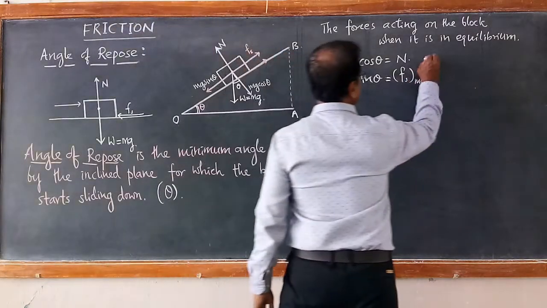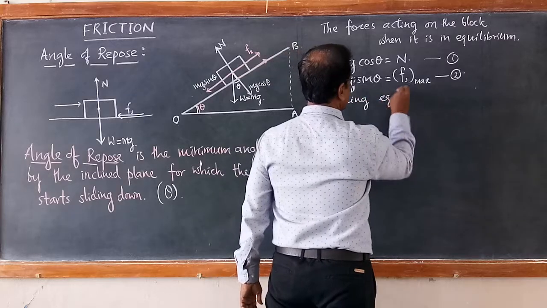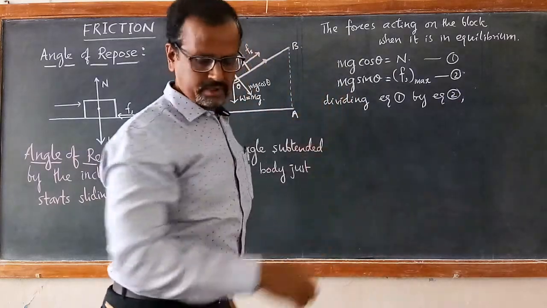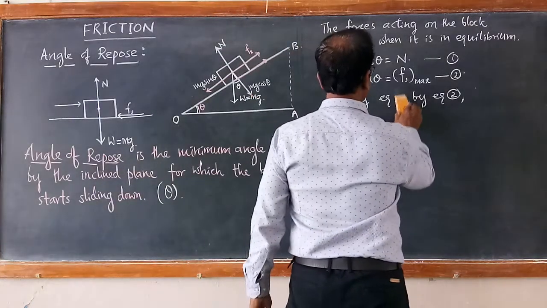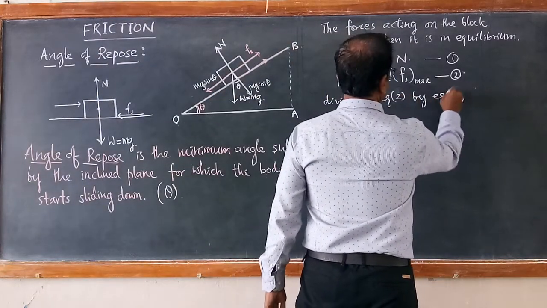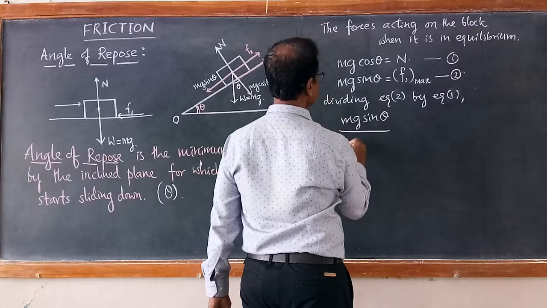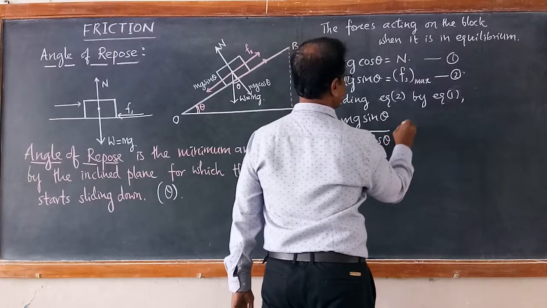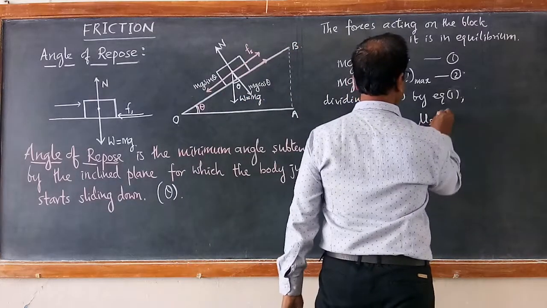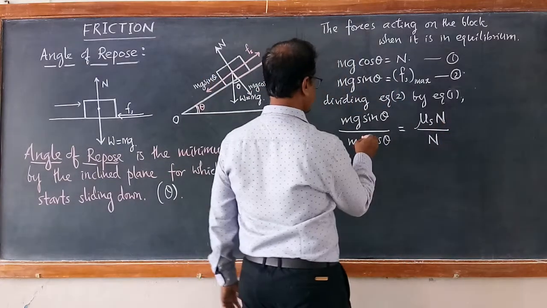Now take the ratio. Dividing equation 2 by equation 1: mg sin theta by mg cos theta is equal to Fs max by N. Fs max is equal to mu s N, so mu s N divided by N. On the right-hand side N cancels, and on the left-hand side mg cancels.